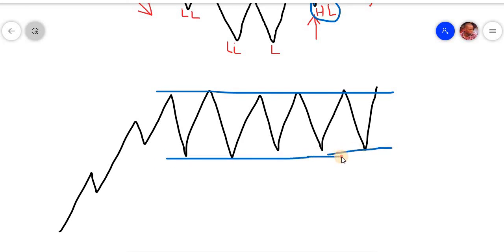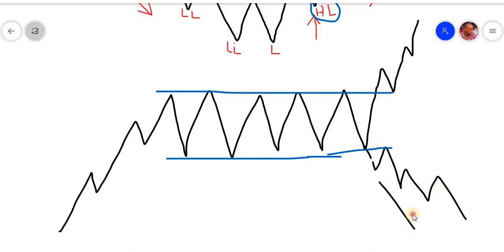So what do we do in most cases when we have a ranging market? We stay out of the market and wait to see where the breakout will happen. If price breaks out higher, we begin to look for buys. But if the price breaks out lower, we begin to look for sells. Okay, that is how we deal with the ranging market.